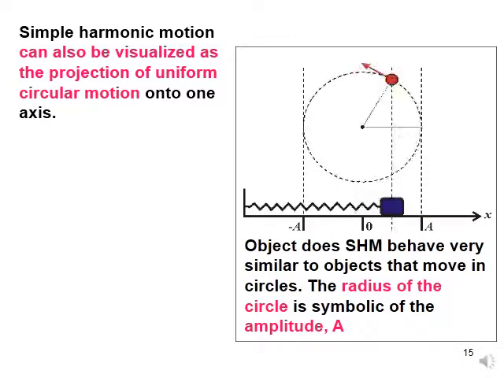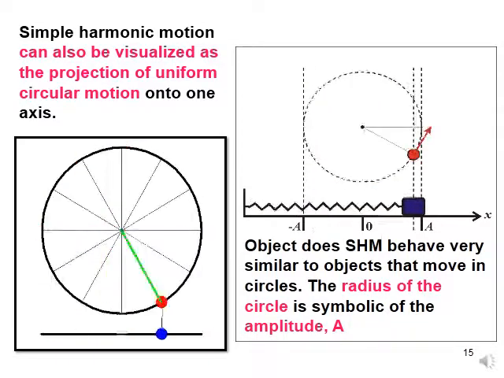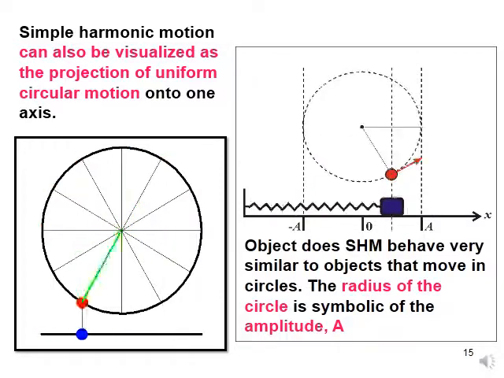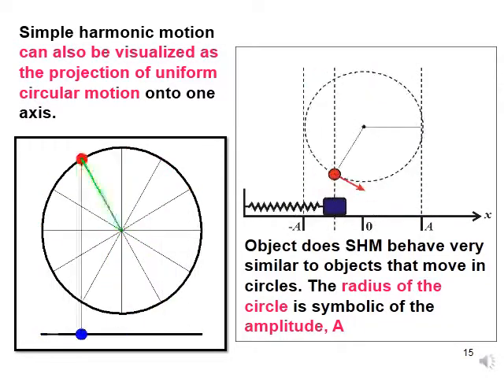Simple harmonic motion can also be visualized as the projection of uniform circular motion onto one axis. Objects in SHM thus behave very similarly to objects that move in circles.